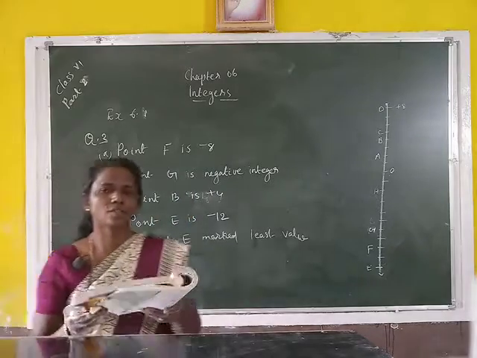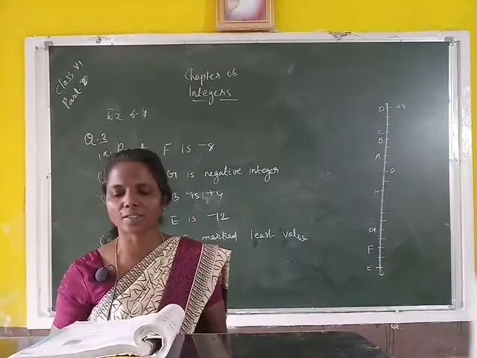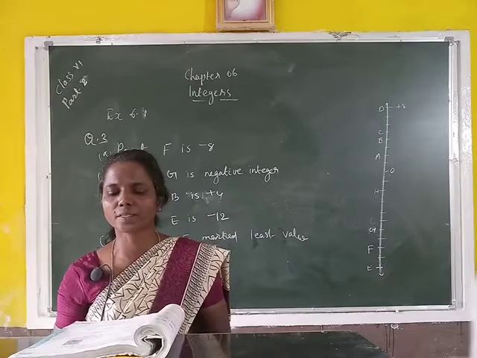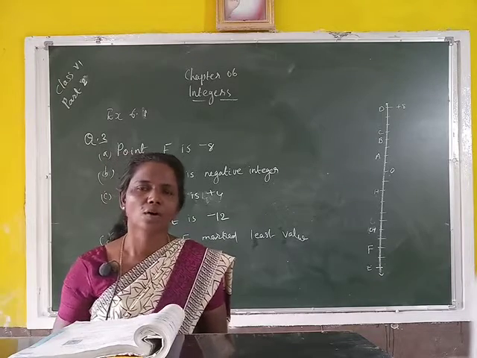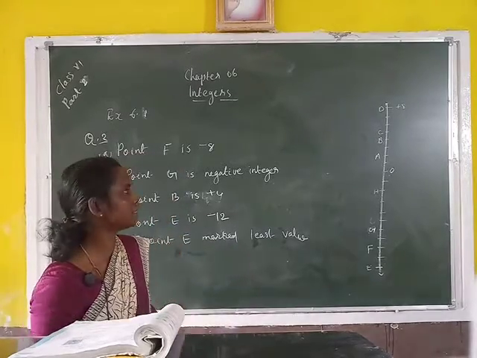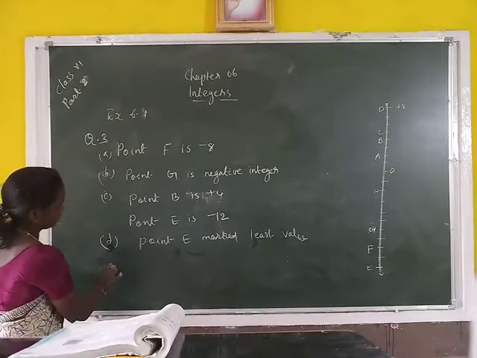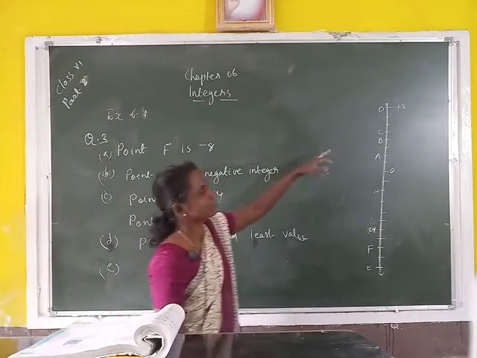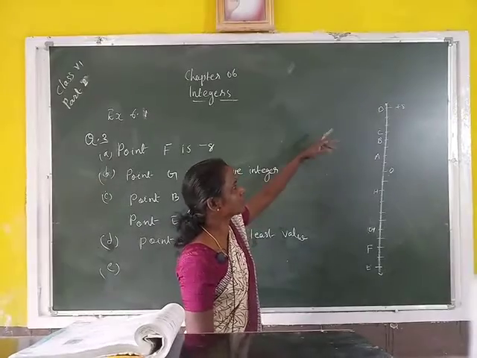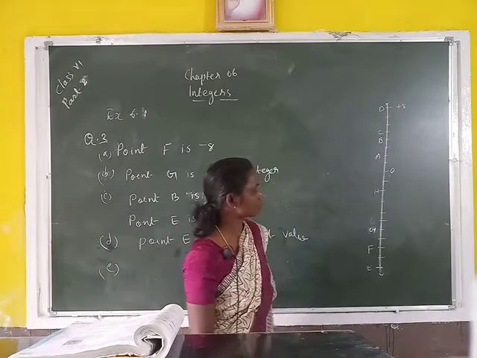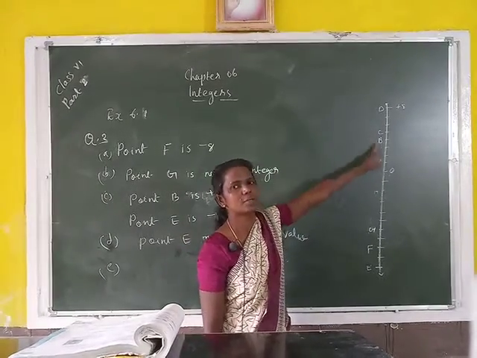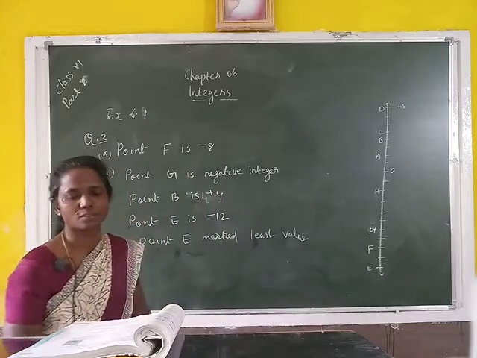The next question: arrange all the points in decreasing order of value. Decreasing order means biggest to smallest. So start from D. Then you write its answer yourself.